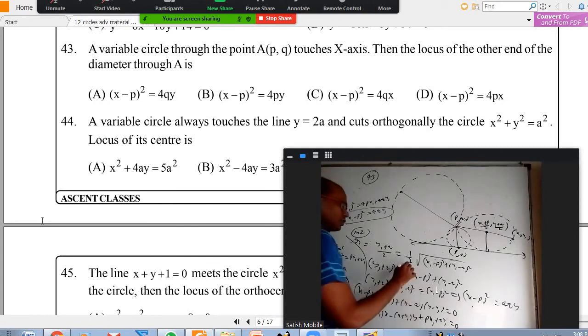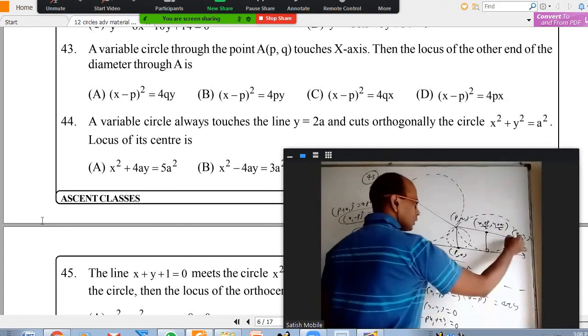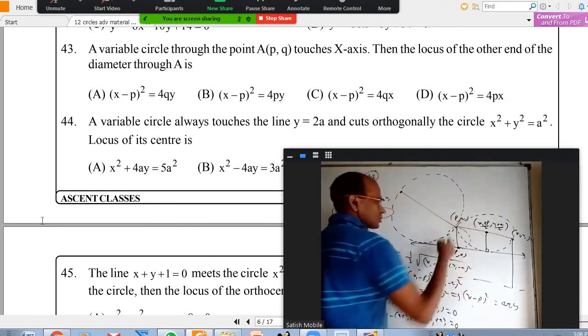So if I construct one line, I have to prove this distance is the same as this distance.